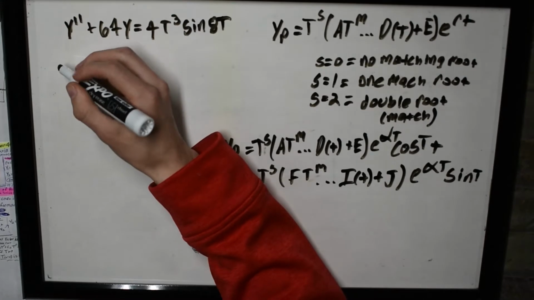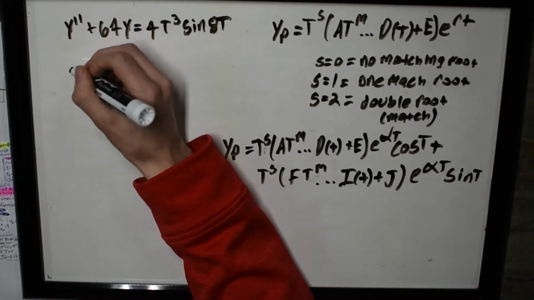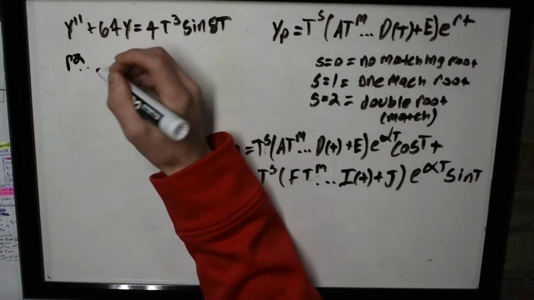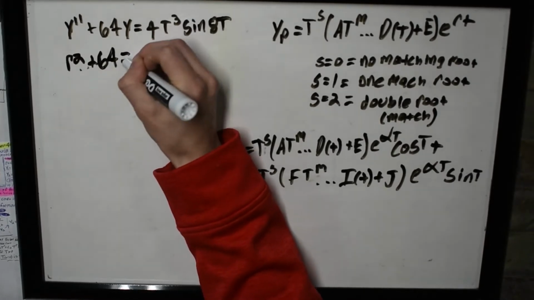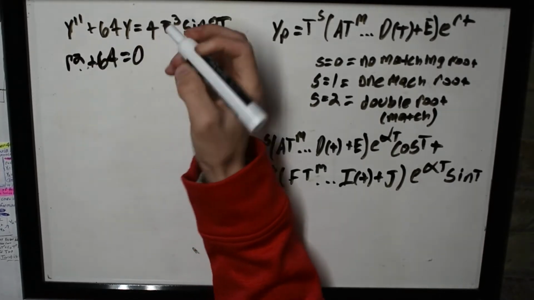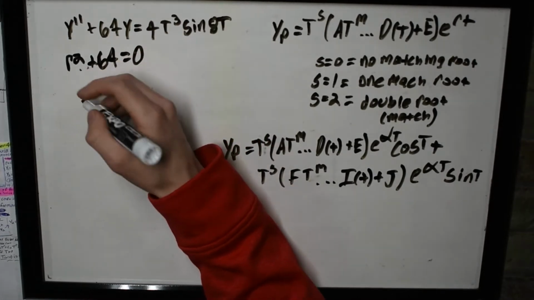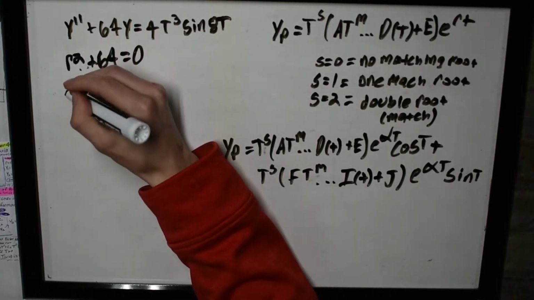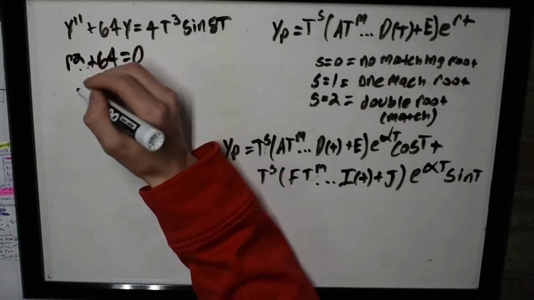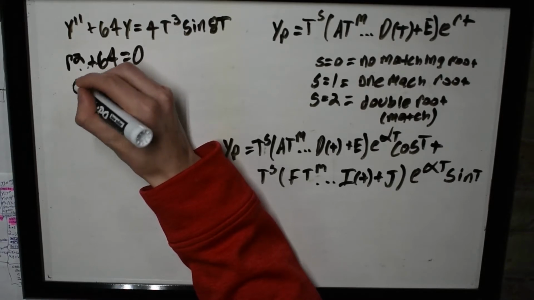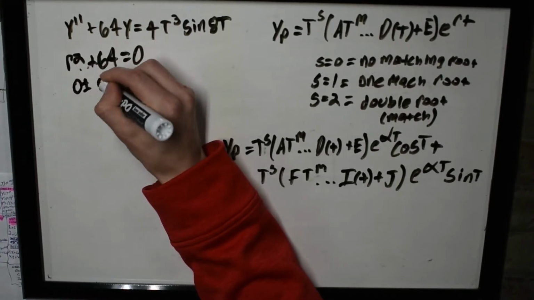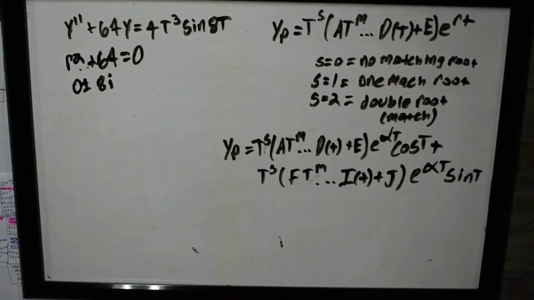So the first step is to solve the homogeneous equation. So we're going to get r squared plus 64 is equal to 0, because we're solving this as if it's homogeneous, and solving for r, you're going to use the quadratic formula, and you're going to end up with 0 plus or minus 8i. So this has a complex number.